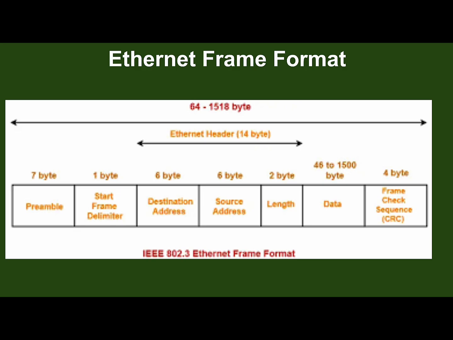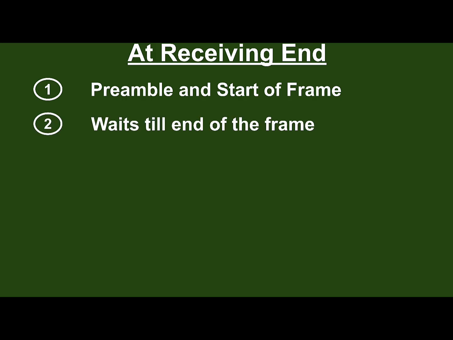So now, since you have an understanding of how the Ethernet frame works, let's see what happens at the receiving end. As I mentioned, it goes and checks the preamble and the start of frame. Now it understands, okay, the frame has been received, and here is where it starts. Then it waits till the end of the frame, because it needs to get the entire frame before it processes it. And how does it identify the end of frame?